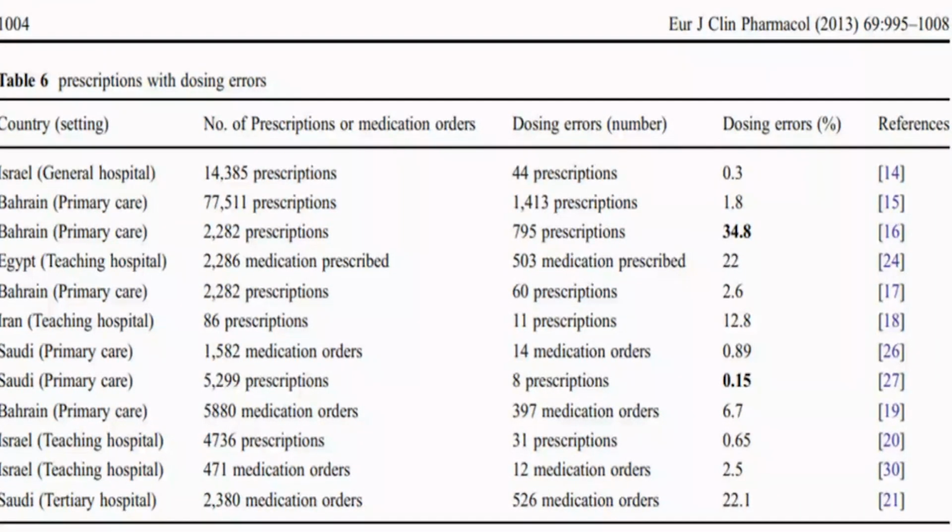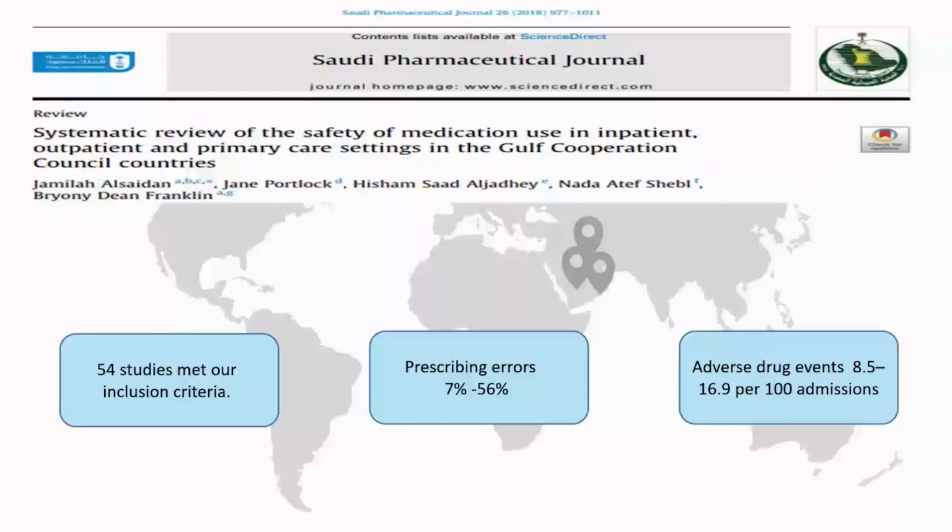Then a systematic review of the safety of medication included almost 54 studies, including criteria. They found the prescribing error reached up to, I can say, 50% or 56%. And maybe they found the adverse drug reaction or adverse drug event represent almost from 8 to 16% per each 100 admissions.